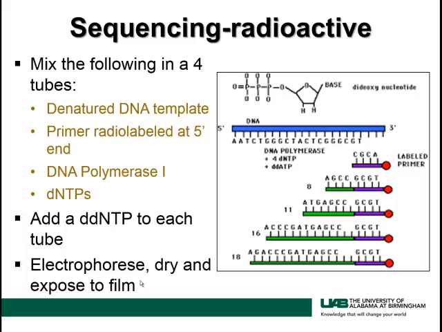So if you have a 16 nucleotide fragment and a 17 nucleotide fragment, those will be separated on an acrylamide gel as opposed to an agarose gel. Agarose gel cannot discriminate between those two.